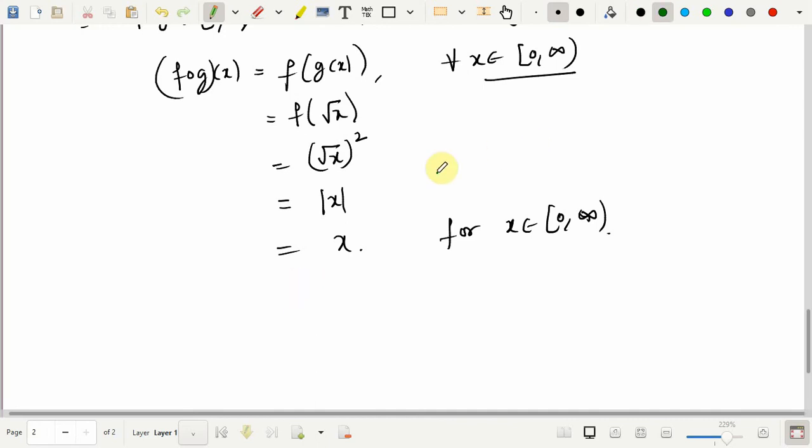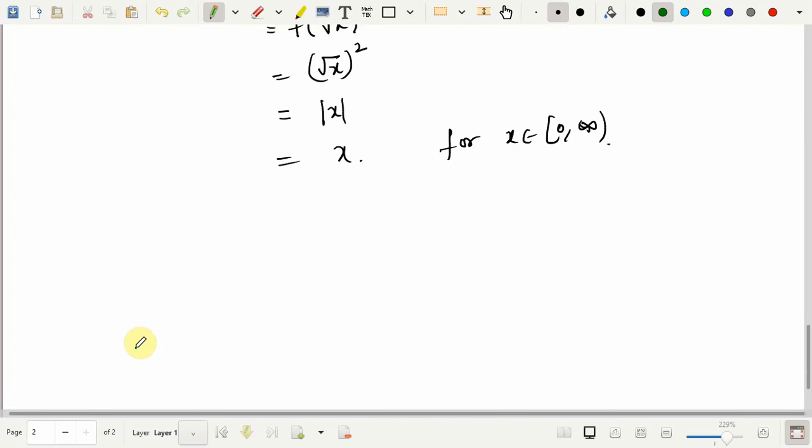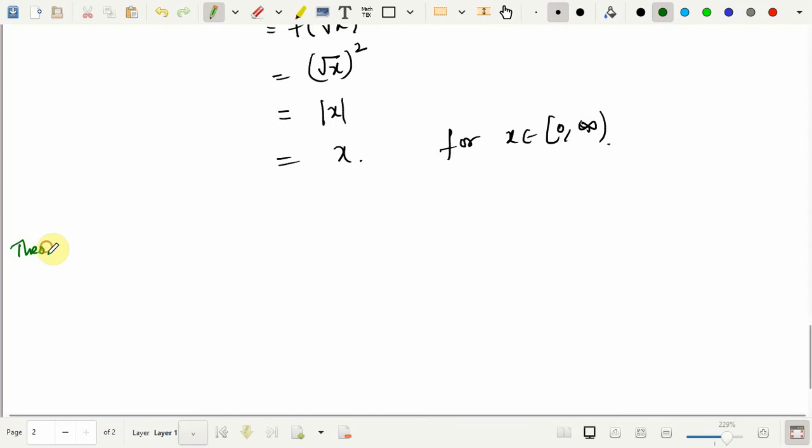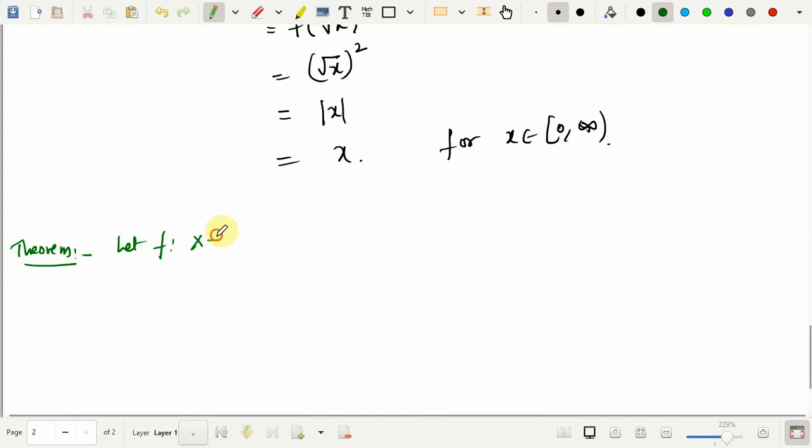Okay, now let's talk about some properties of composition of two functions. So we put it in the form of a theorem. The first theorem under this concept is: let f from x to y and g from y to z be functions.